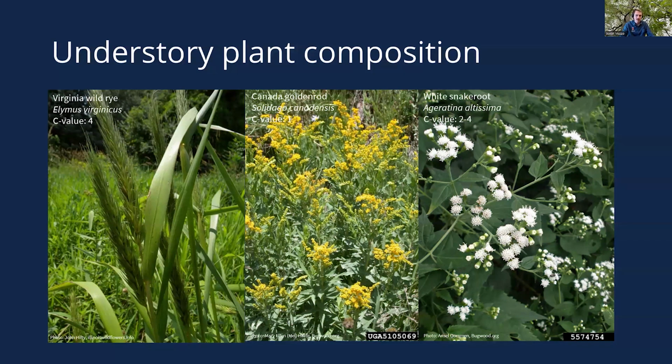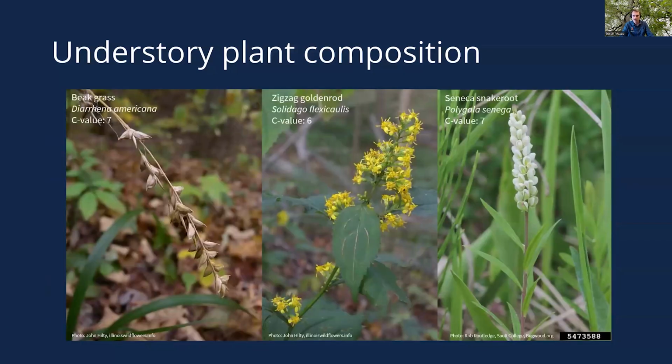But you can see by the C values here, we've got Canada goldenrod with a 1, and white snakeroot and Virginia wild rye with 2 to 4. They're relatively low C values, meaning that they're pretty non-conservative species. They're very aggressive, and if you're not careful, they might take over within your restored systems.